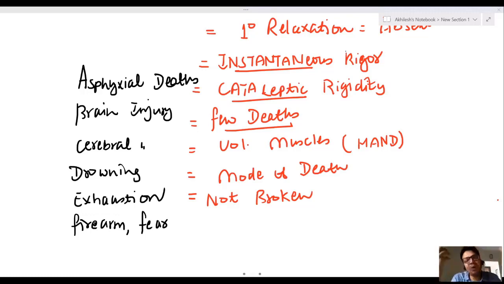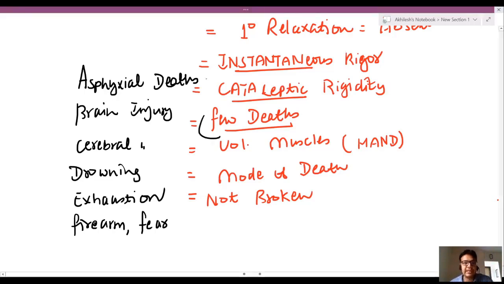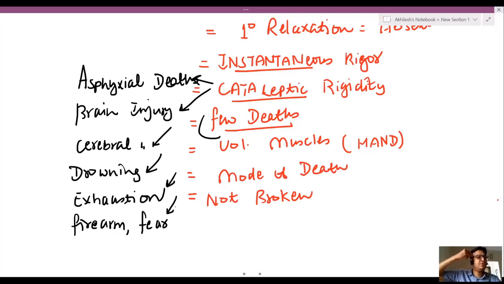Rigor mortis is seen in every case. After death, your body will remain for a longer period and there will be rigor mortis. Rigor mortis is a universal phenomenon. Cadaveric spasm is seen only in few deaths, sometimes in asphyxial death, brain injury, cerebral injury, drowning, exhaustion, firearm, or fear. For example, if I commit suicide, after suicide my hand remains in this position. This is cadaveric spasm.